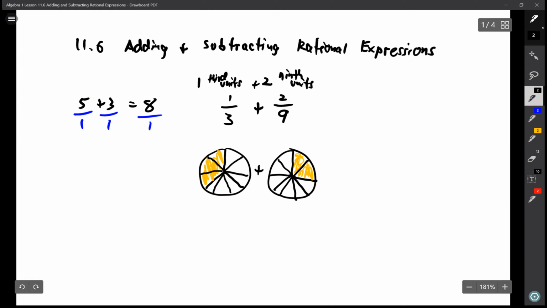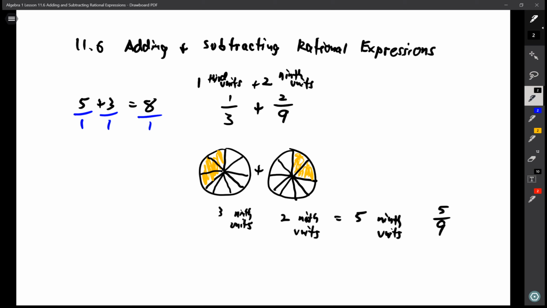Now what I'm dealing with has 9 pieces again. How many of the 9th units are colored? Well, 3 of them. So this is actually 3 9th units, and then I have 2 9th units here. So how many 9th units do I have total? I have 5 9th units, or just 5/9.